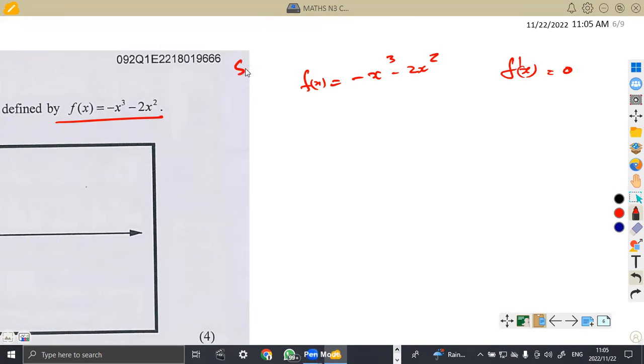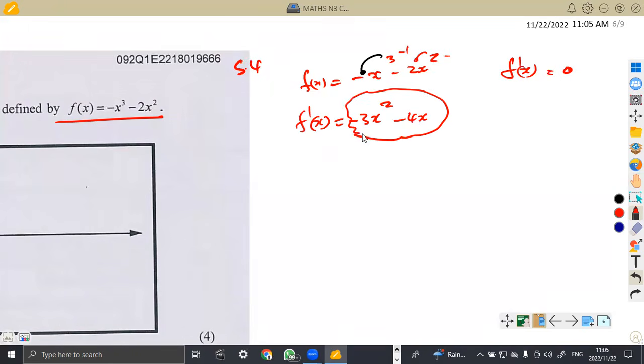All right, so in this case, we are supposed to find the first derivative with respect to x. Drop the exponent here. That's negative 3. x, we subtract 1 is going to be 2. We drop the exponent here, that's negative 4x. We subtract 1 is going to be negative 4x. So we know that this must be equal to 0, the first derivative. So minus 3x squared minus 4x is equal to 0.